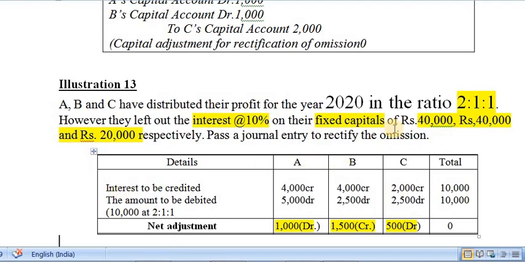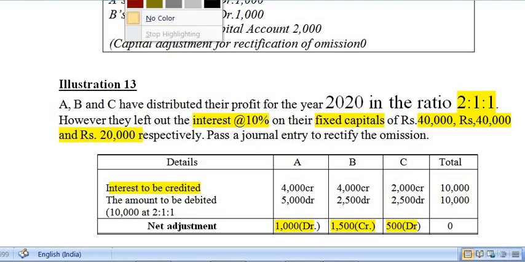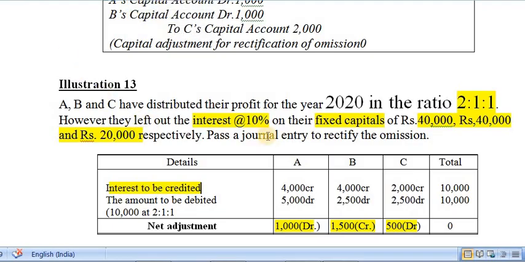Interest to be credited on 40,000, 40,000 and 20,000 at the rate of 10%. That means 4,000, 4,000, 2,000. So in total we have to give 10,000, and take out 10,000.